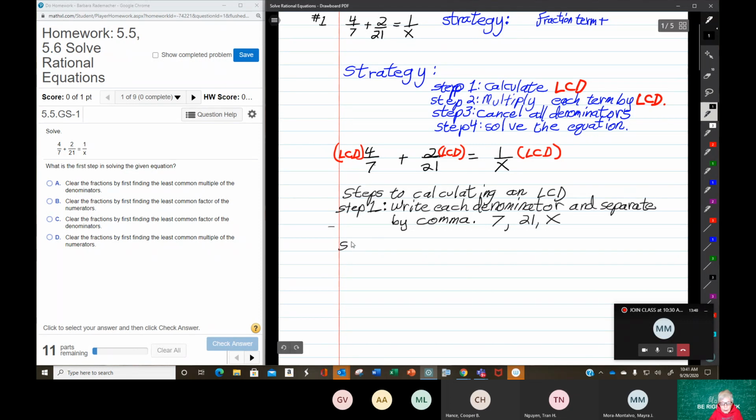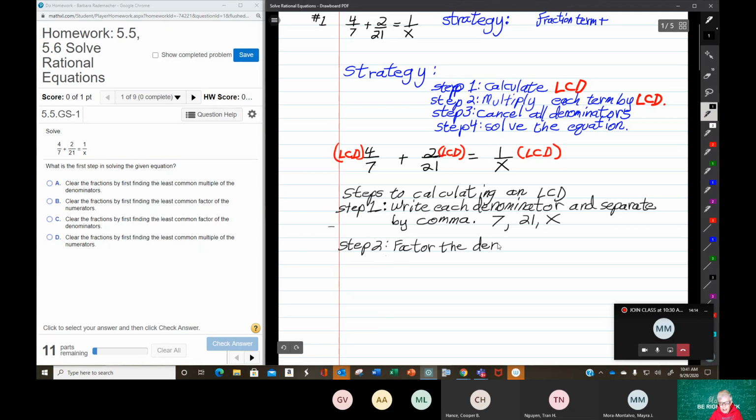Okay, now step 2, consider the denominators. Or maybe I should say something like factor the denominators. That's better.